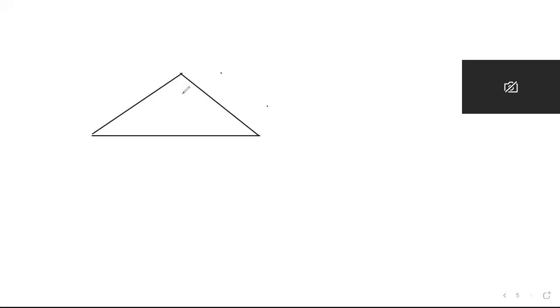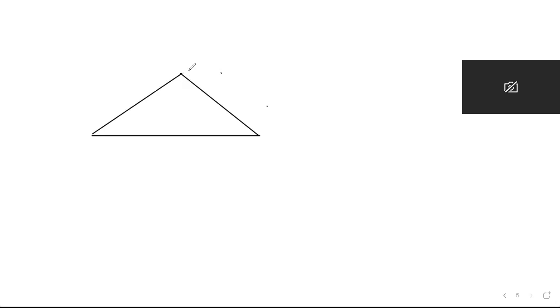I'm just going to describe and remind you of the sine law, because the second method doesn't involve solving an equation. It just gives you the answer right away. But it requires the sine law, which you learned last year.